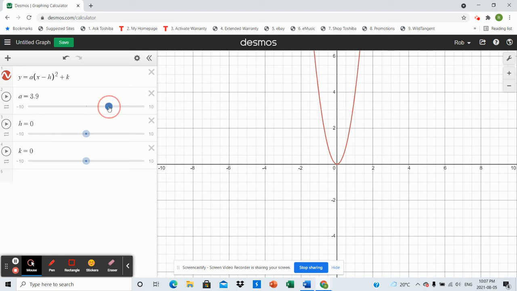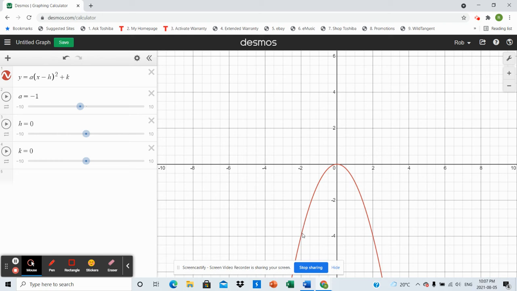Well, what happens if we set a to -1? So there's a -1, and we can see that with a being -1, it's still really our parent function, and we can verify that using the steps over 1, down 1, over 2, down 3.